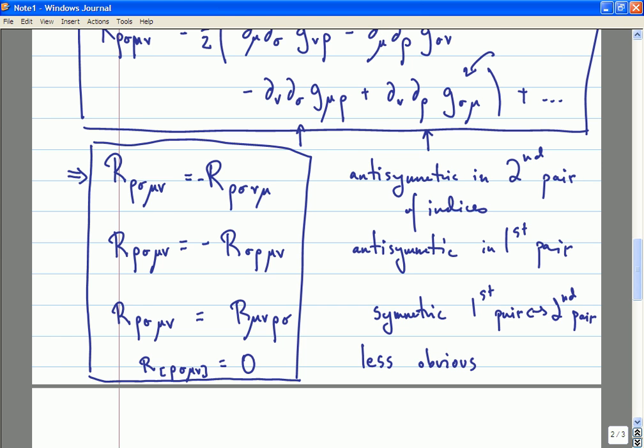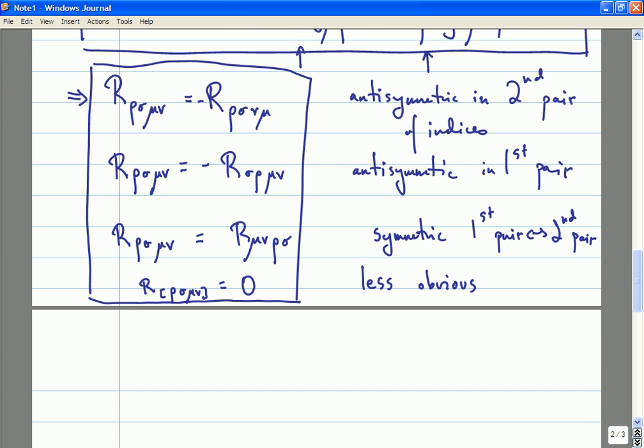In fact, sometimes this final one is written in a slightly different form. You can actually check that using the first 3 symmetries that I have written up above, we can write this first symmetry not as an anti-symmetrization on all its indices, but instead just an anti-symmetrization on any 3 of its indices.